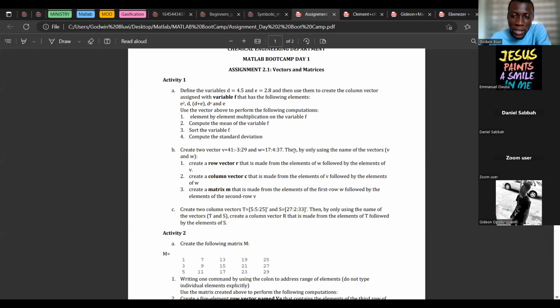Then by only using the names of the vectors V and W, create a row vector R that is made from the elements of W followed by the elements of V. Then create a column vector C that is made from the elements of V followed by the elements of W. Then create a matrix M that is made from the elements of the first row W followed by the elements of the second row V. Great. So let's get to that.